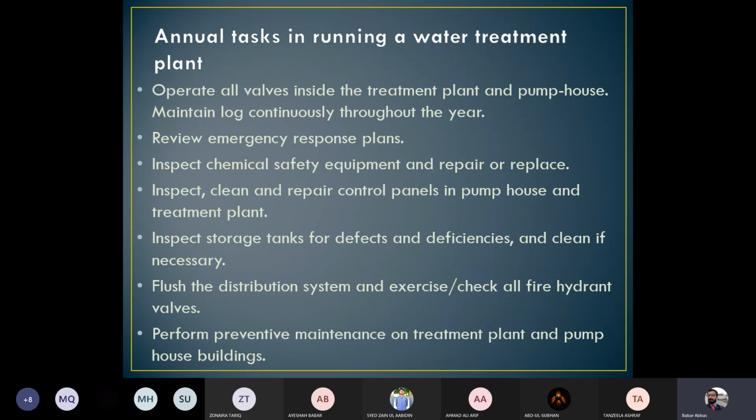Inspect, clean and repair control panels in pump house and treatment plants. Inspect storage tanks for defects and deficiencies and clean if necessary. Flush the distribution system and exercise or check all fire hydrant valves. Perform preventive maintenance on treatment plant and pump house buildings.